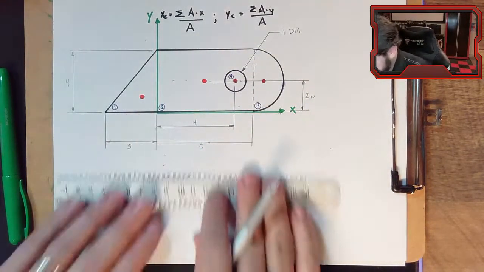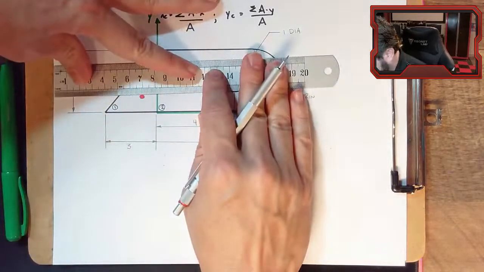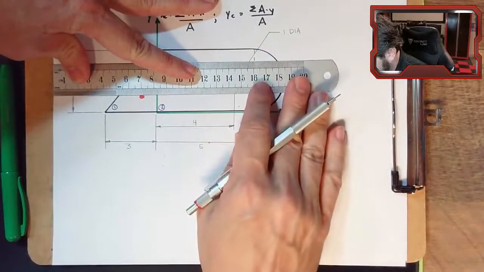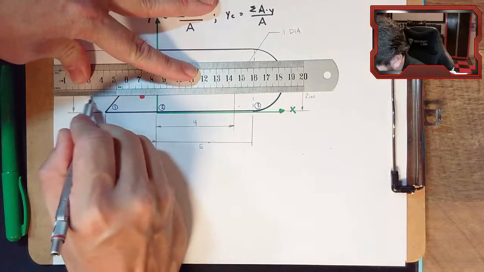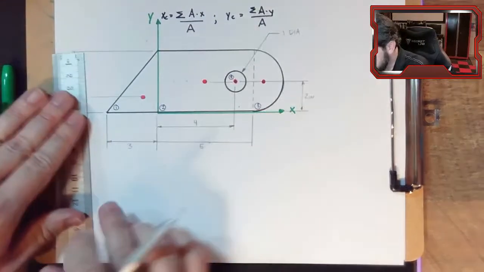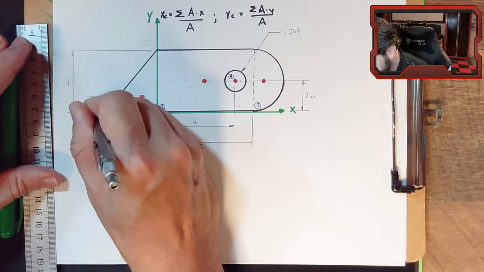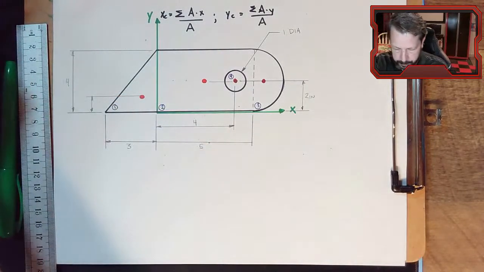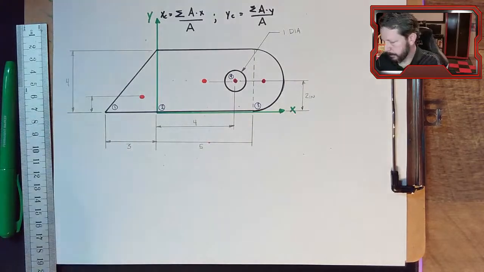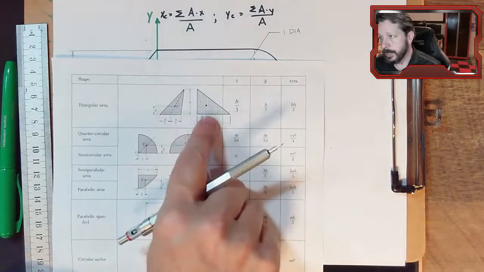The triangle is not that way. So let's pull a little leader line off to the side here that we can dimension. If you don't remember, this is where the charts come in. So you grab one of the charts, maybe this one, and you've got some triangles on it.